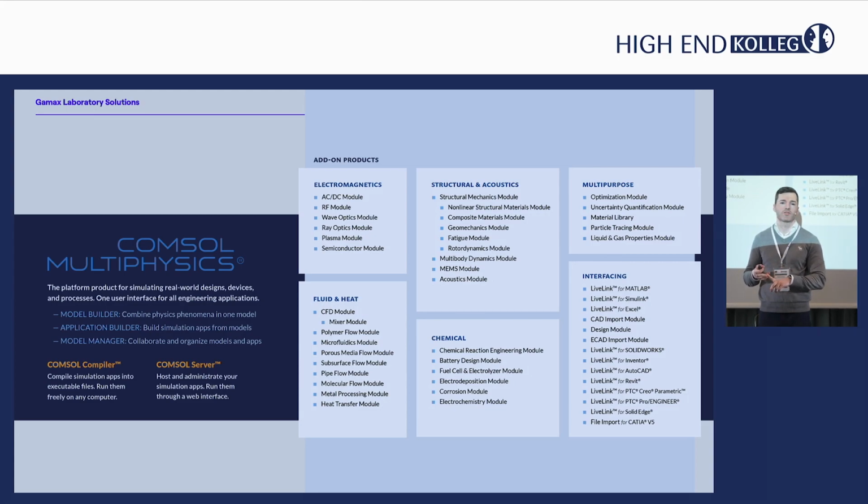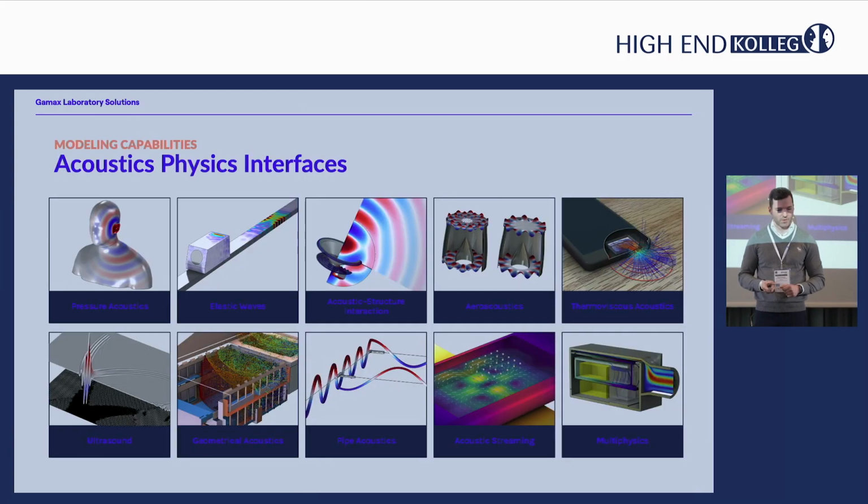There are thin structures that can be modeled as shells, and we also have the acoustics itself, so we can calculate the radiation pattern and certain properties that are relevant for us, like the sensitivity and the impedance curve. And we use the COMSOL Compiler, so that creates our application, so we can create an app from that.